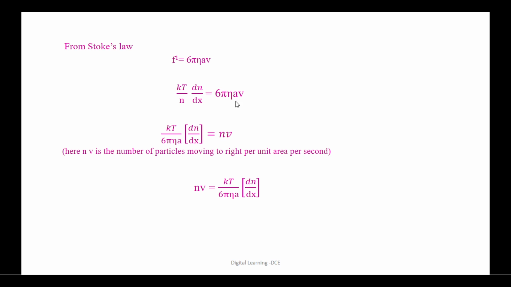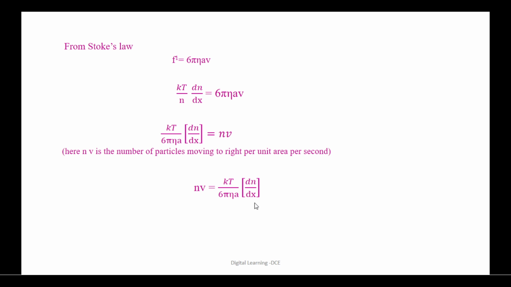This is from Stokes equation. Here NV represents the number of particles moving to the right, that is along the positive x-axis, per unit area in 1 second, and that is equal to kT divided by 6 pi eta a into dN by dx.